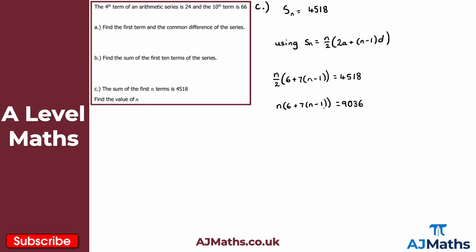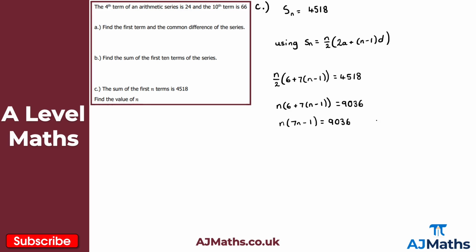So now, if we just think about this for a moment, I've got n lots of 6 plus 7 lots of n minus 1. If we expand this out first, I get 7n minus 7. So minus 7 plus 6, that's minus 1. I've got n lots here of 7n minus 1, and that is equal to 9,036.